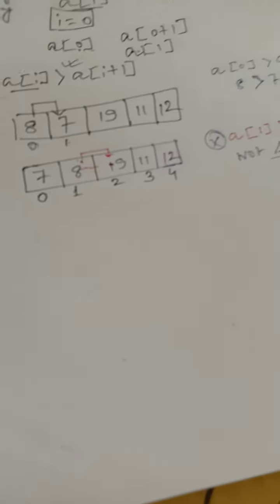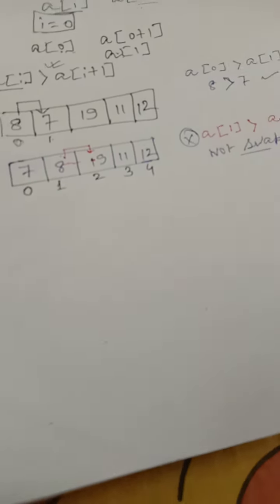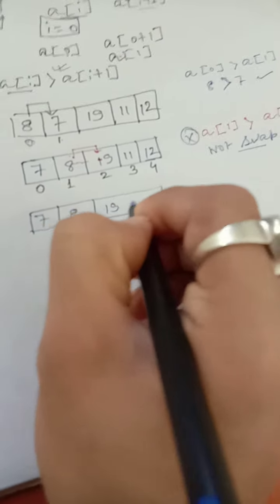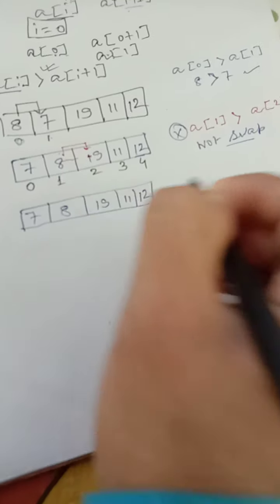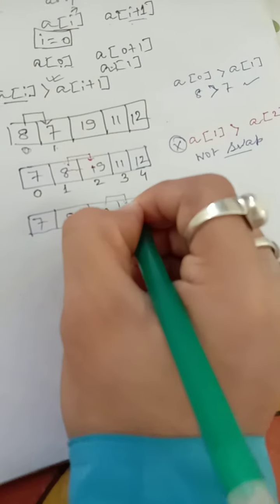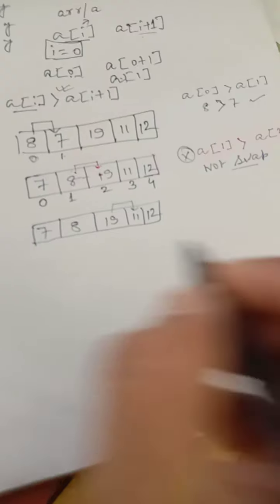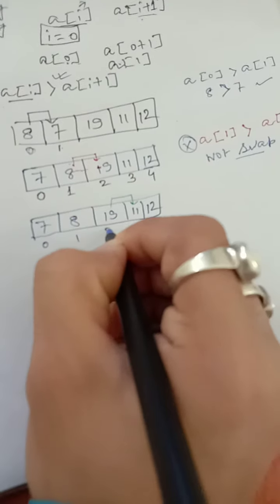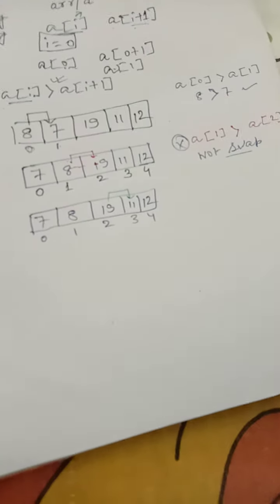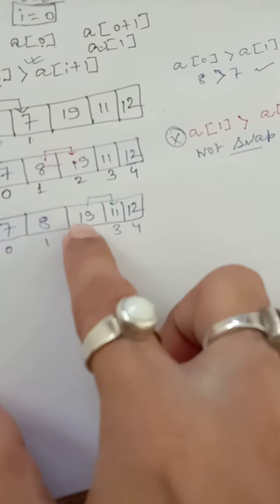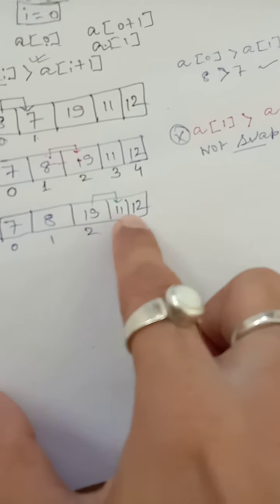After that, our next task is comparing 19 with 11. We have the index values 0, 1, 2, 3 followed by 4. We will be comparing 19 with 11.